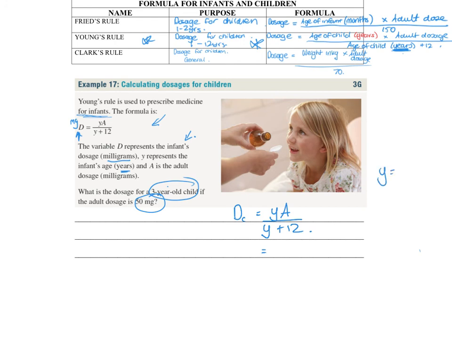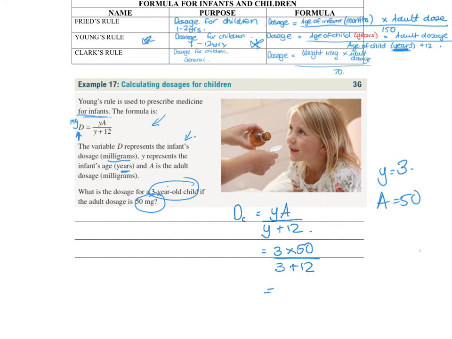Yeah, how old? 3. So this becomes 3. Now YA, what is YA? It is Y times A, isn't it? And what does A represent? The adult dosage. So what is the adult dosage? 50. So this becomes 3 times 50 over 3 plus 12. Does that make sense?